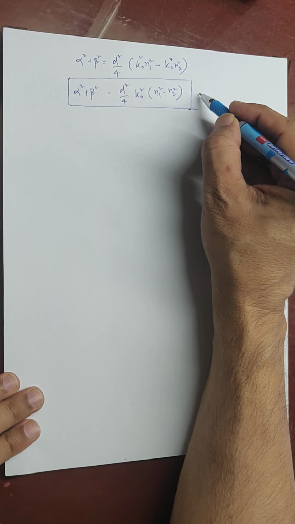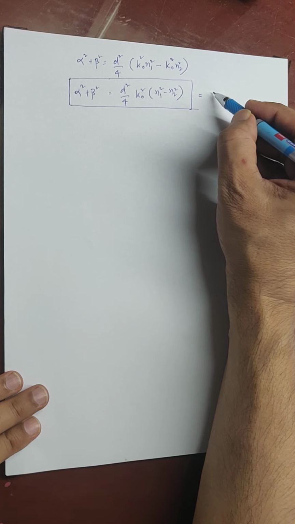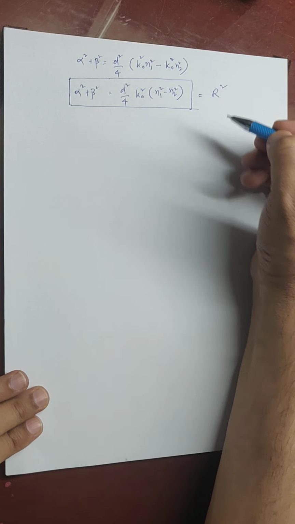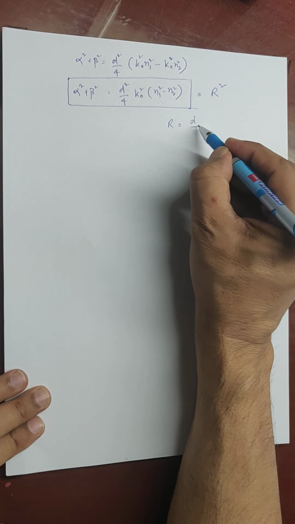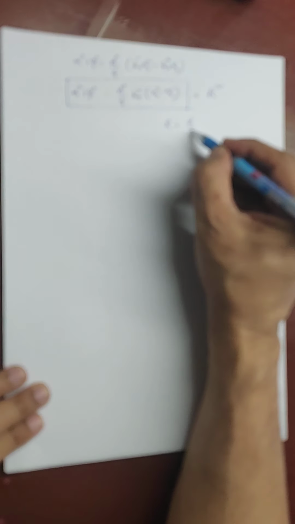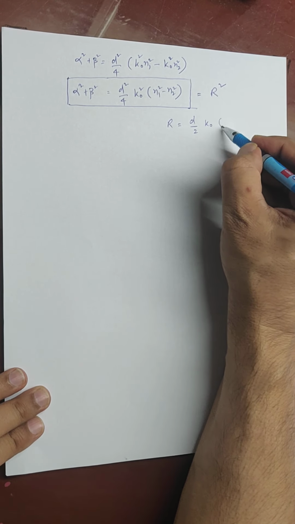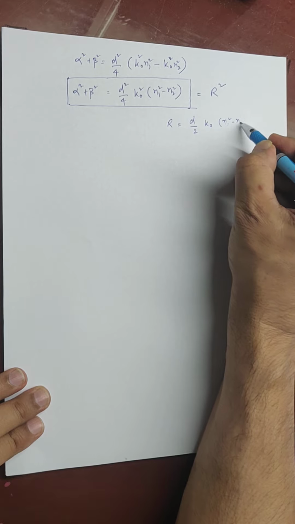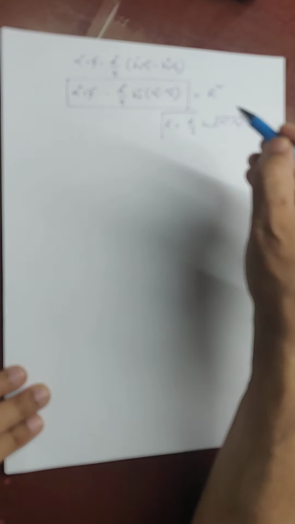I can write this as some r square, where r is equal to d by 2 k naught into the square root of n1 square minus n2 square. So r is this much.